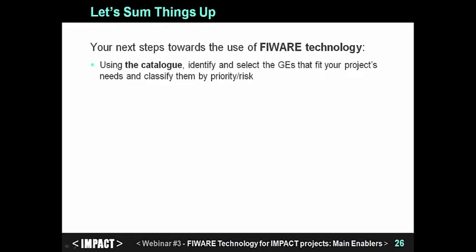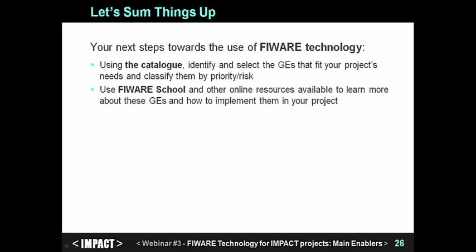So first, using the catalog and our shortlist, identify and select the generic enablers that fit your project's needs, and classify them by priority and risk. Risk in the sense of how they fit into your application, whether you have to replace things or you're going to use them for new development, etc. Then go to FIWARE School and the other online resources, like Stack Overflow and the presentations on SlideShare.